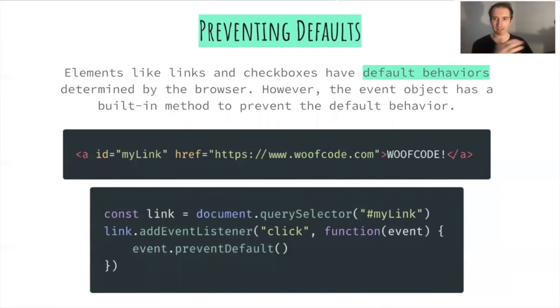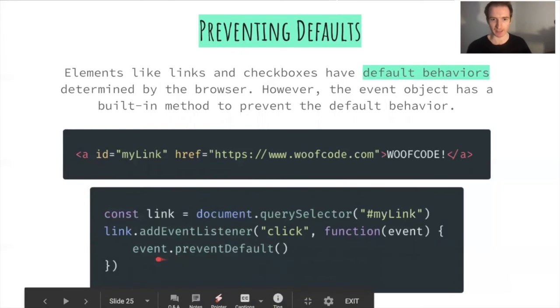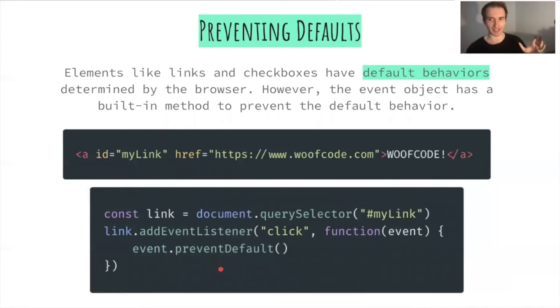If we want to handle an event and have something different happen, so for instance, maybe we want to, I don't know, console log that we totally psyched them out by pretending like this was a link to WOOFCODE, but it's actually not. We can use this prevent default method before we write anything else inside of our handler. And this will just say, okay, don't do whatever you were supposed to do normally handling this type of element. We want to write something totally different here.